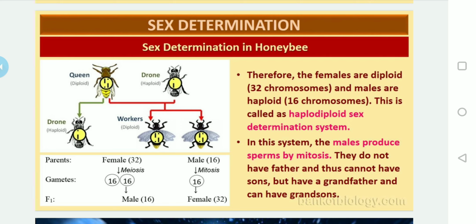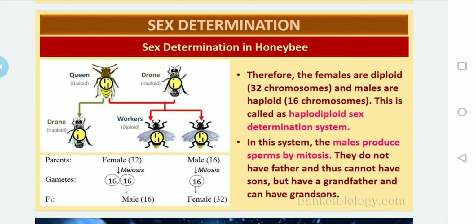But remember, since the males produce sperms by mitosis, they do not have a father and thus cannot have sons, but they have a grandfather and can have grandsons. So this is amazing. You cannot believe it, but still it is true.